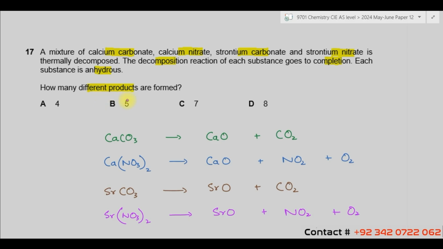Let's see how many different products are formed. So calcium oxide, carbon dioxide, calcium oxide is repeated, nitrogen dioxide, oxygen, strontium oxide, carbon dioxide is repeated, strontium oxide is repeated, nitrogen dioxide is repeated, oxygen is repeated. So we have 5 different products which are formed.